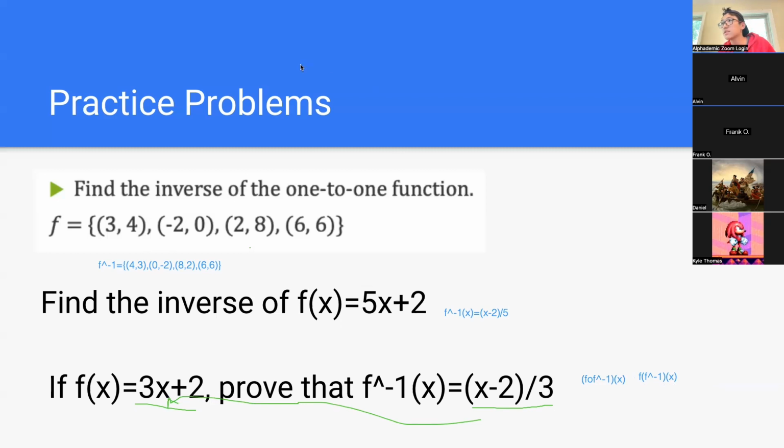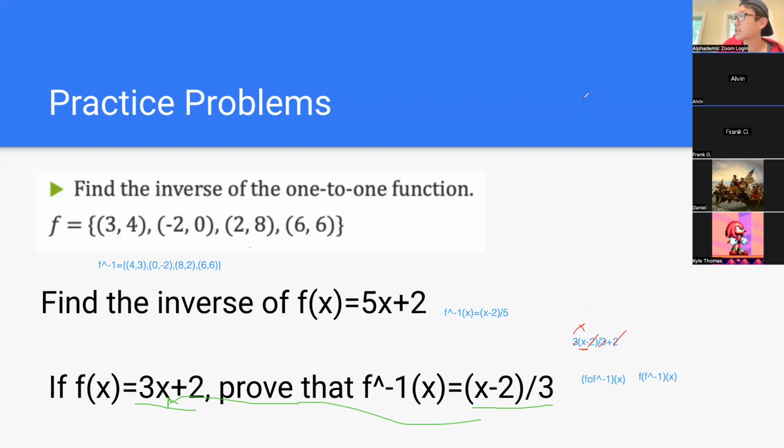And then in that case, 3 times (x minus 2) divided by 3, plus 2. In that case, you would get the 3's would cancel out, and then you're left with x, and then the -2 and the +2 cancel out, and all you're left with is just x.